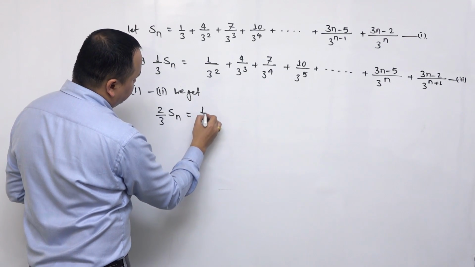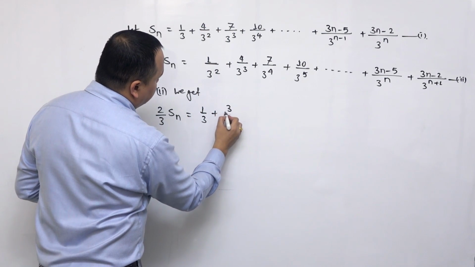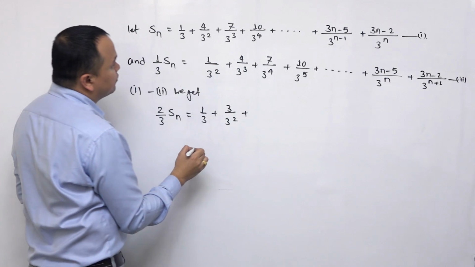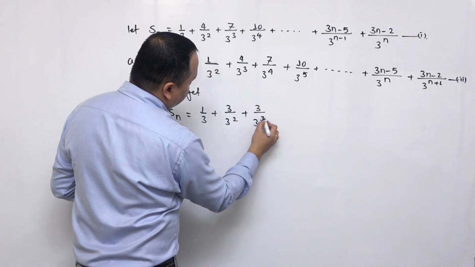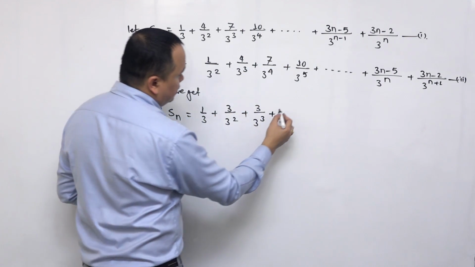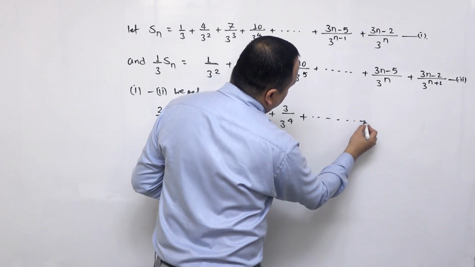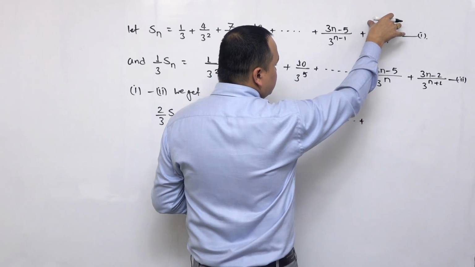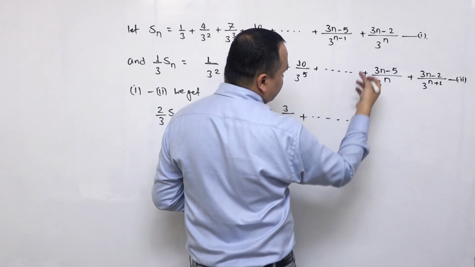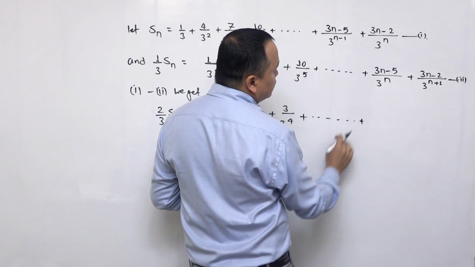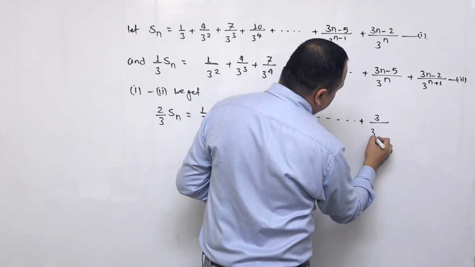Here 1 upon 3, 4 minus 1, 3 upon 3 square, 7 minus 4, 3 upon 3 cube, 10 minus 7, 3 upon 3 to the power 4, dot dot dot, plus the (3n minus 2) minus (3n minus 5). The 3n and the minus 3n cancel. The minus 2 minus minus plus 5, which is 3 upon 3 to the power n.